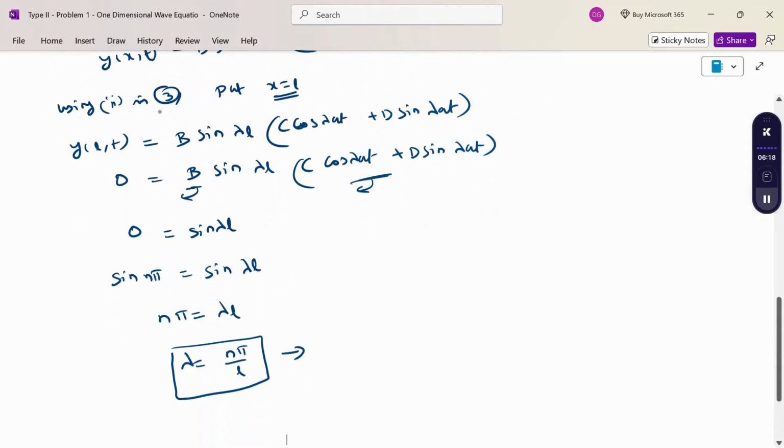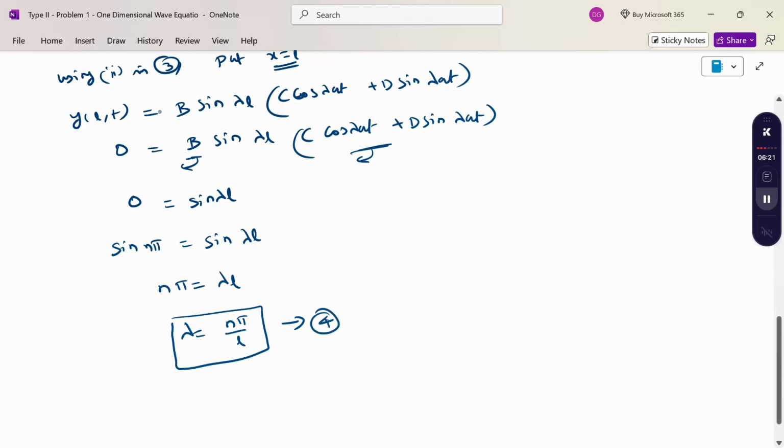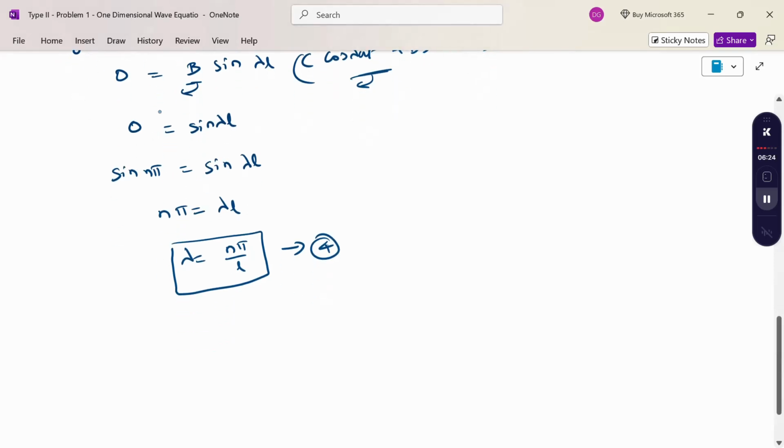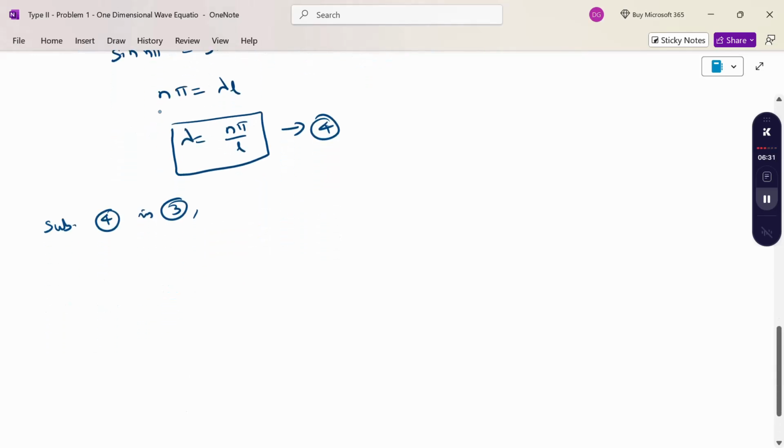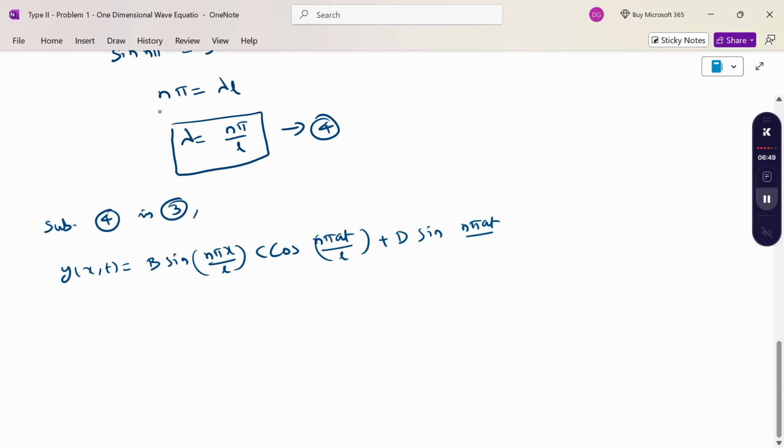Therefore y(x, t) = B sin(n pi x / L) (C cos(n pi a t / L) + D sin(n pi a t / L)). Consider this equation number 5.